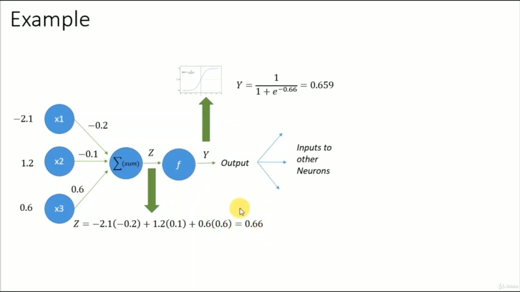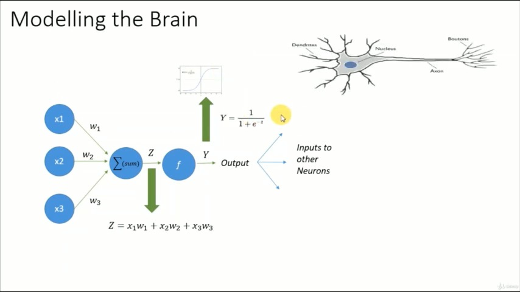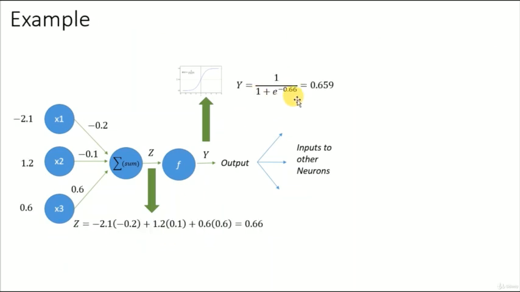And then if you pass this net input value to your activation function, this is the mathematical equation for the sigmoid activation function: 1 over 1 plus e to the power of negative z, where z is your net input value. If we plug in the z here, in this case the z is 0.66, so 1 over 1 plus e to the power of negative 0.66, we should get a value between 0 and 1, because this is what the sigmoid activation does.